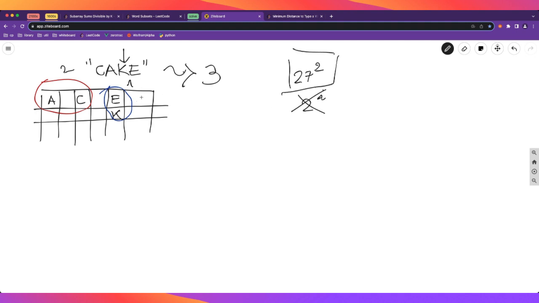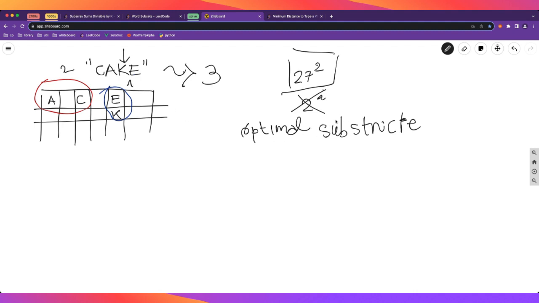So this means that the subproblems overlap. And then the other thing that we said is that for this subproblem, the subproblem where we are at K, we also want to minimize the distance. So that's what's called optimal substructure, which means that the optimal solution to a subproblem consists of optimal solutions to the subproblems.